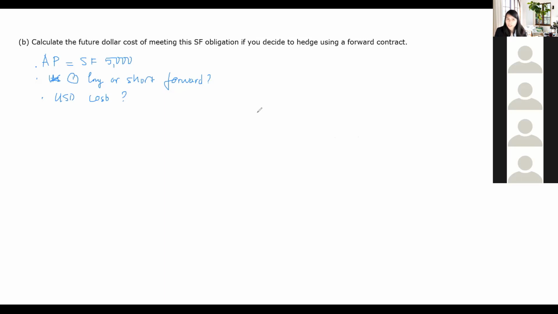Okay, so in this case, if I have an account payable and I want to hedge it, do I want to long a forward contract or short a forward contract? Remember, I have to pay the Swiss franc in the future, okay?